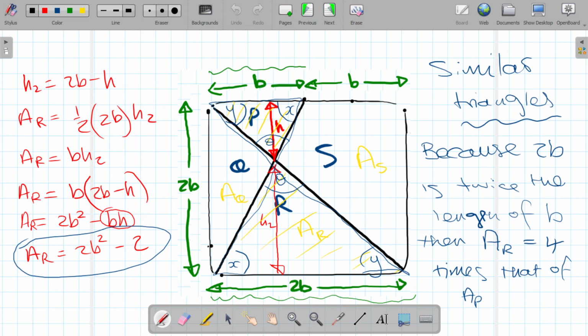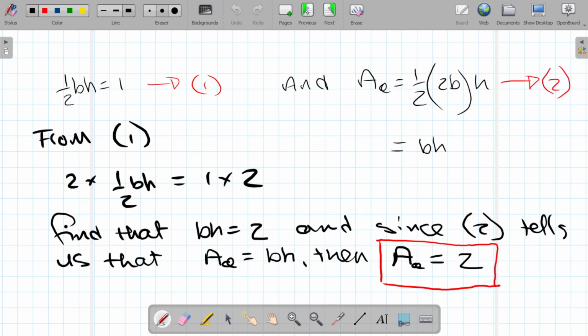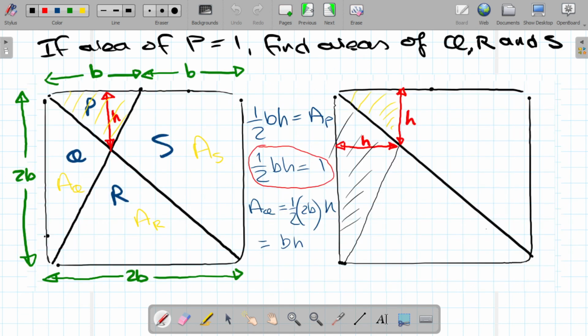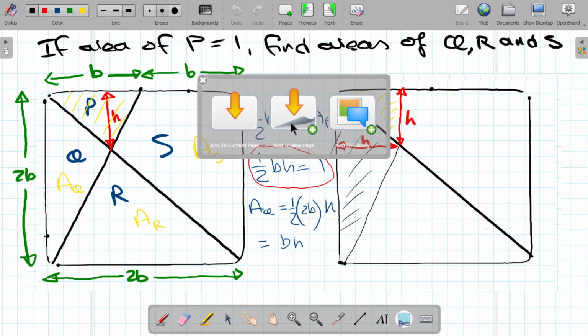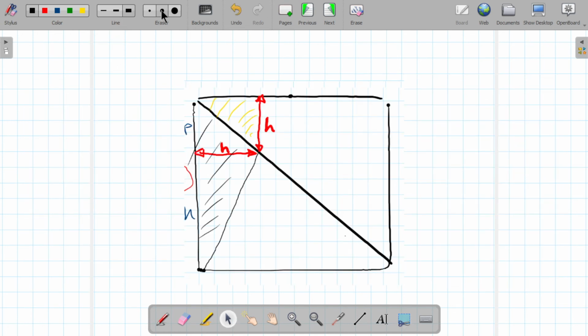So let's just cut and paste this, so it's a bit easier. Right, okay.